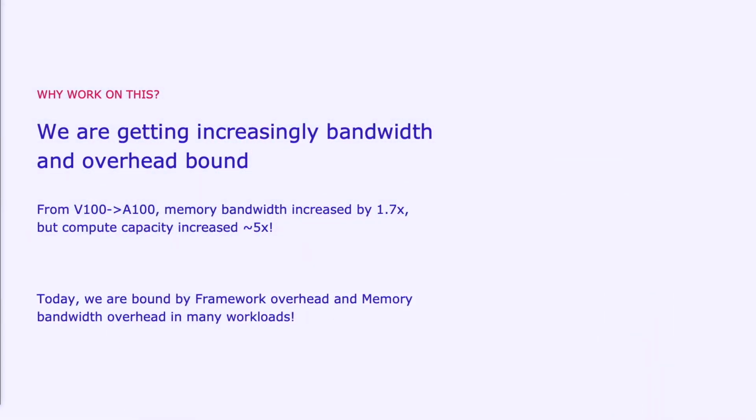The compute flops on GPUs are getting much faster, and the memory bandwidth is not getting as much faster. With PyTorch eager mode, despite all of our best efforts in moving a bunch of overhead to C++ and reducing it, we're still not where we want to be.